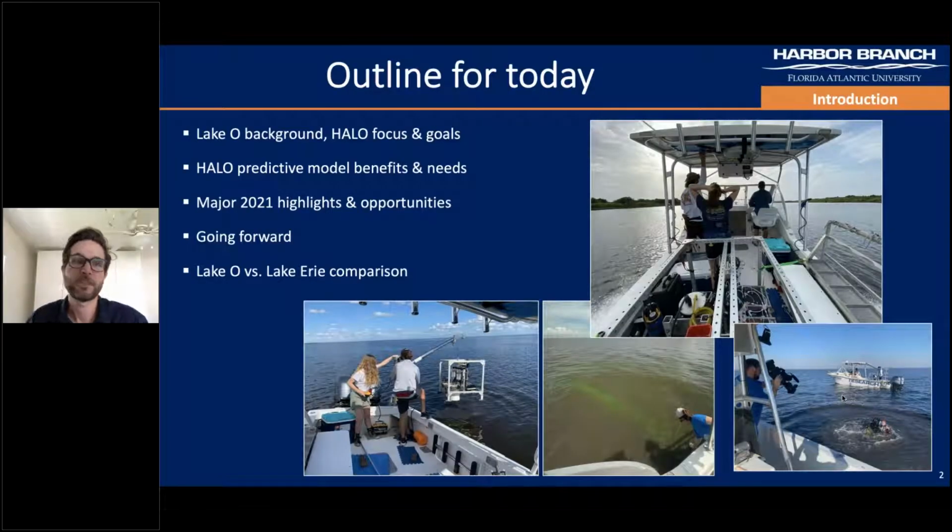So today we will talk about some background of the lake and the focus of our project, which is really to develop an integrated observing system using innovative technologies to try to understand harmful algae bloom ecology and dynamics, and then ultimately to input all this data into a predictive model that allows us to identify the blooms at early stages when you could potentially still do something about it.